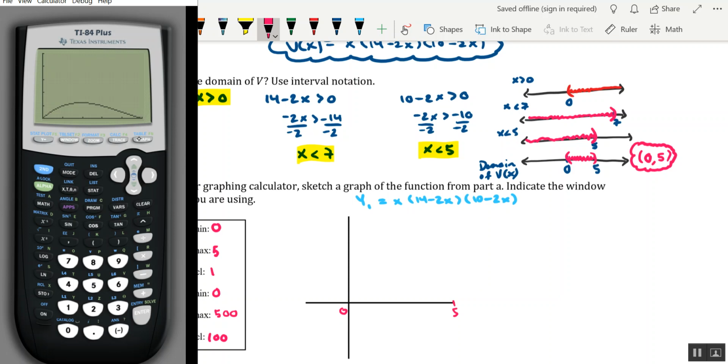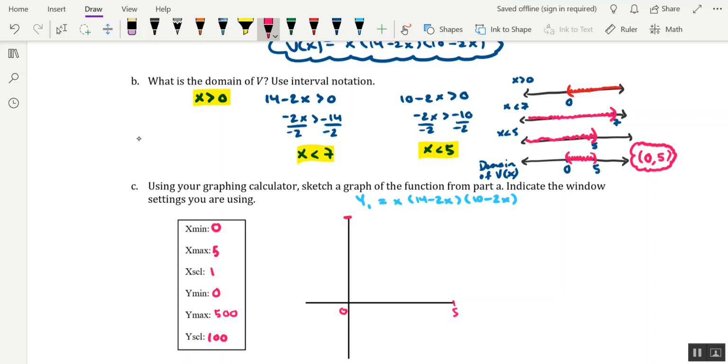So I'm going to leave the window settings as they are. Of course, y min was 0, but the y max was 500. And this is kind of what the graph did. And that's actually all you need to do for part C.